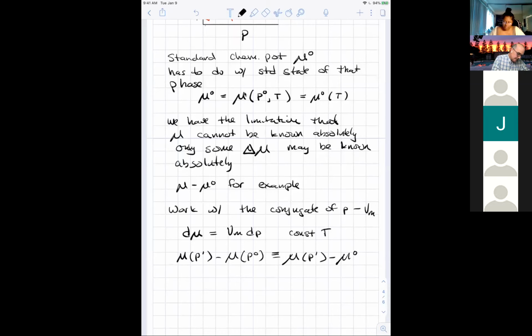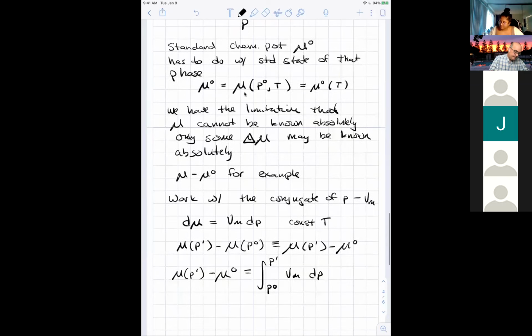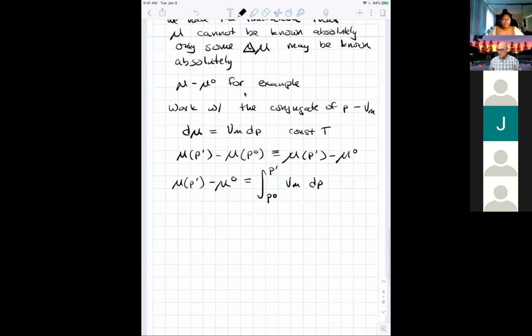All right, this difference, whoops. Notation in physical chemistry is hard, right? This can be written as going from P naught to some P prime, Vm dp, right? All right. So this is general.